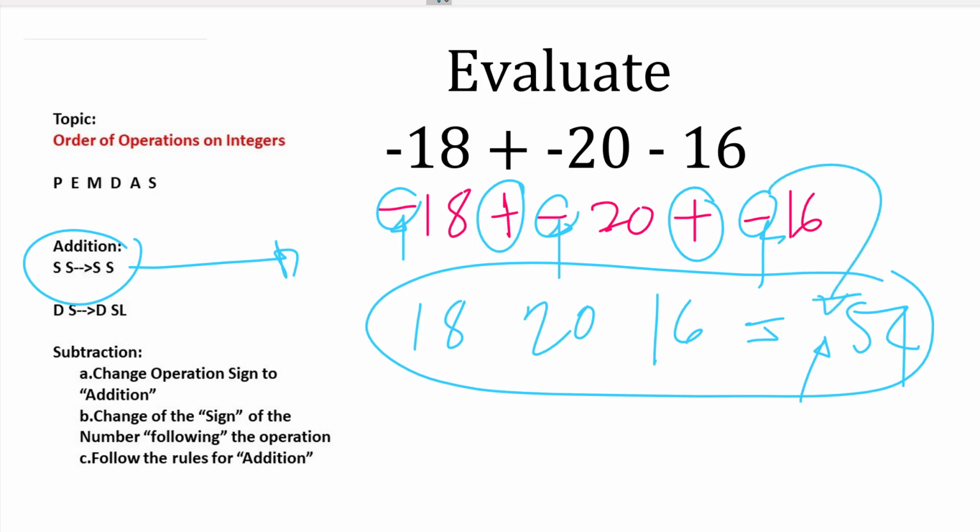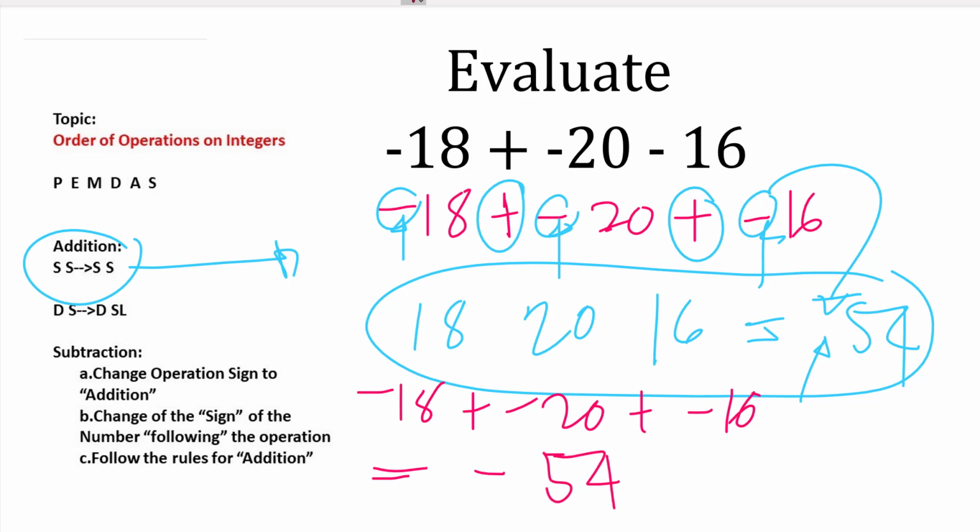So in effect, minus 18 plus minus 20 plus minus 16 equals minus 54. Look at that absolute value there, 54, but the sign is negative, so this is the final answer.